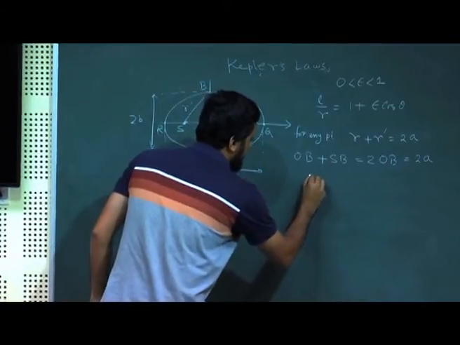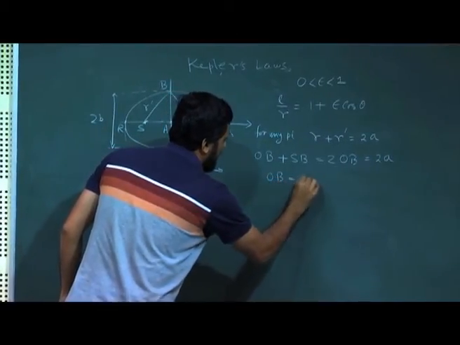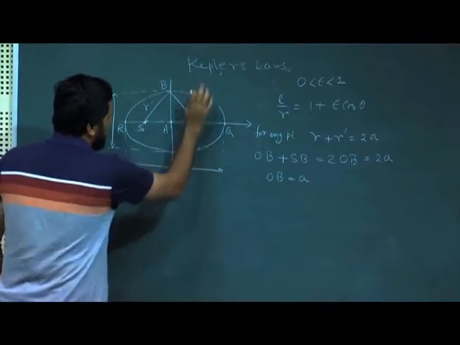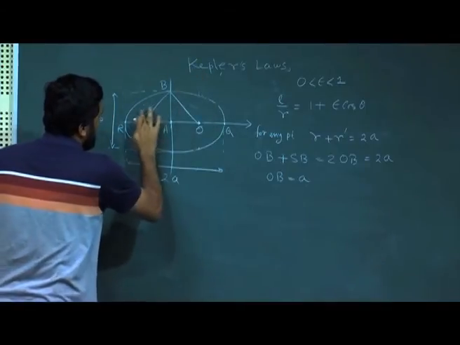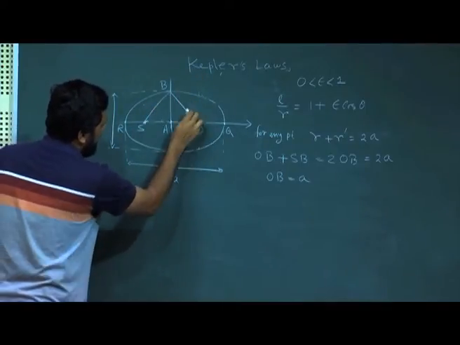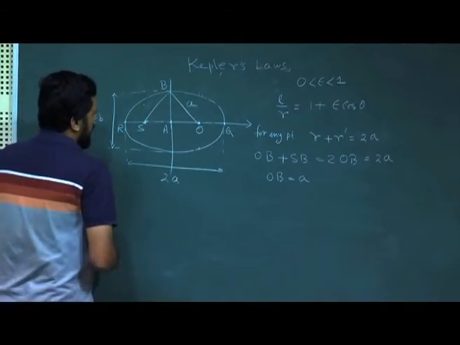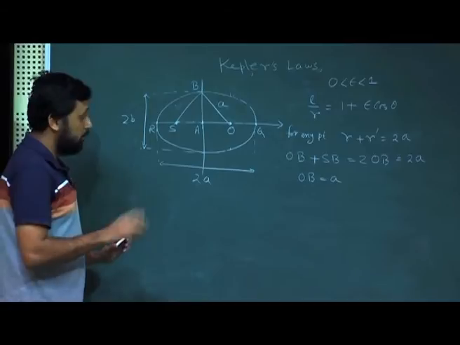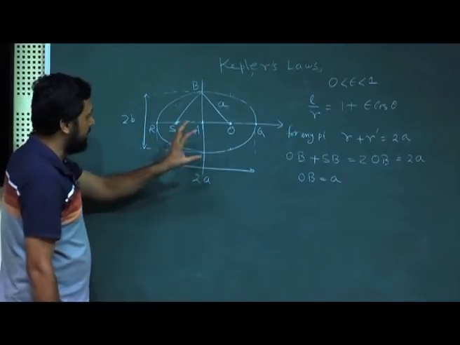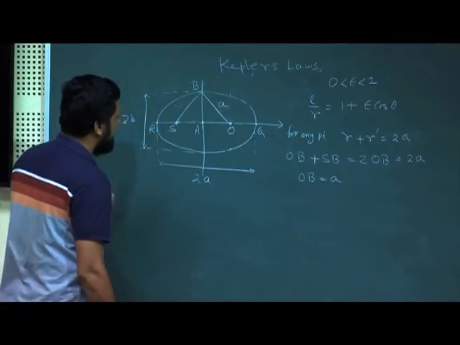Okay. So, that essentially tells us that OB is equal to A. So, we have just proved that this length is A. Now, why am I doing this? You have to bear with me for a little longer, then you will know immediately.